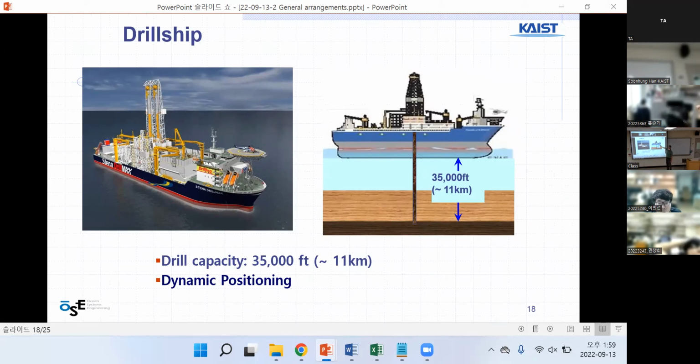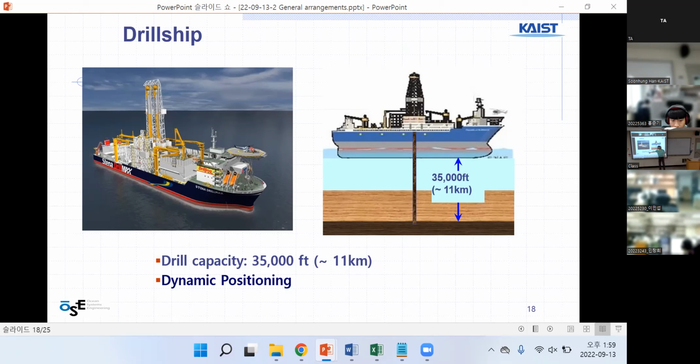Usually, this one is less than several kilometers. 3,000 meters is the maximum water depth, ocean depth around the world. Anyway, usually it's not so deep, but also after piercing into the soil, you need to have a much deeper pipe, drilling pipe going down.